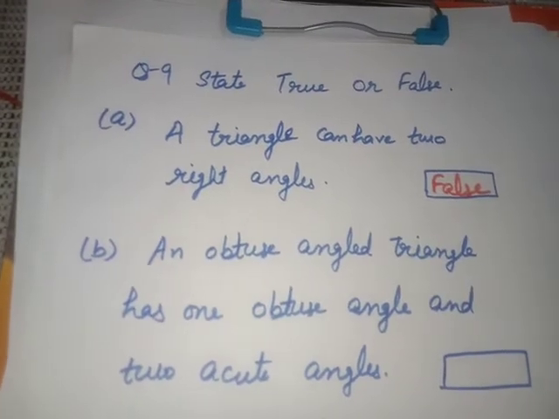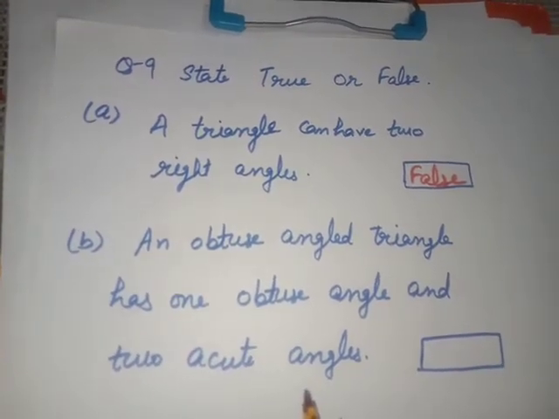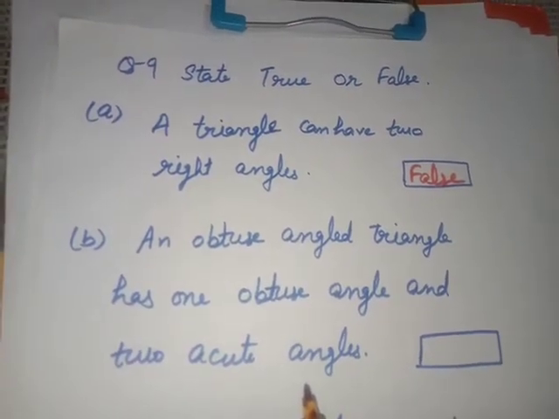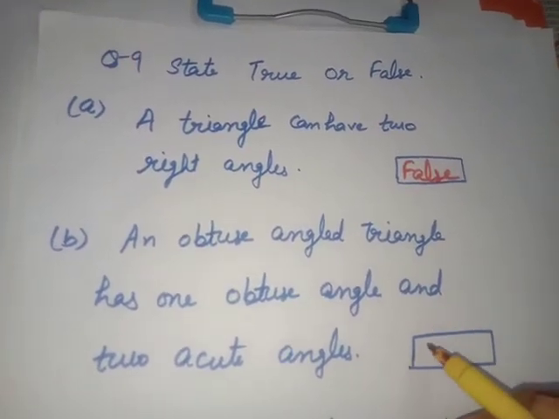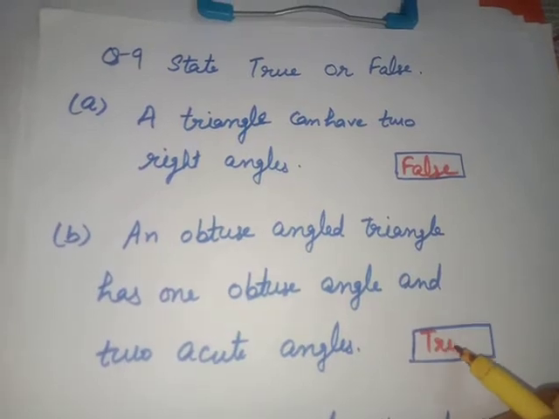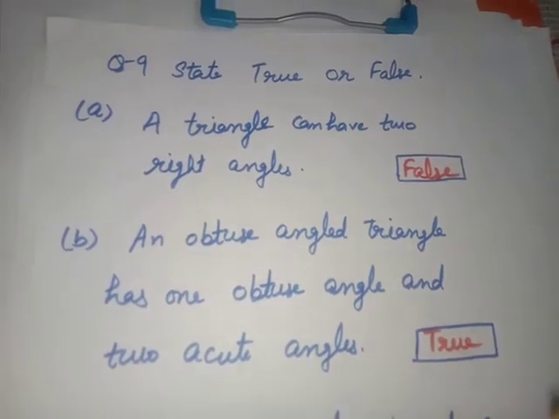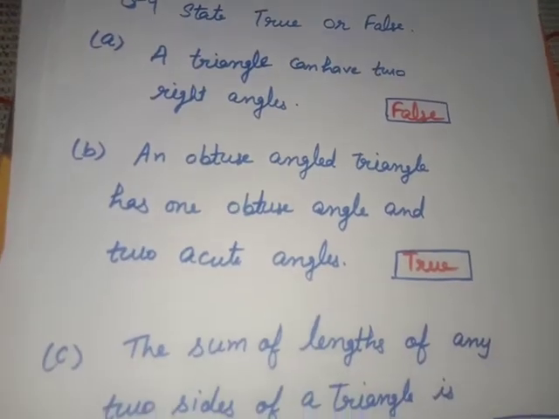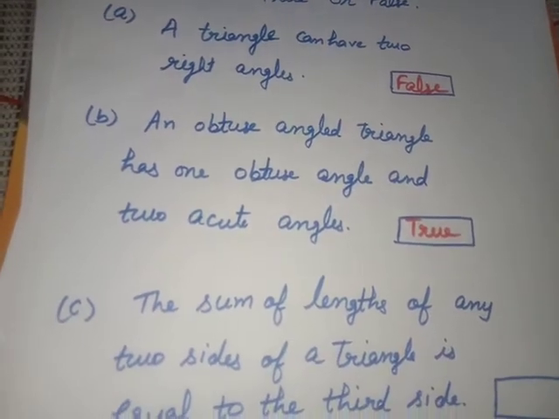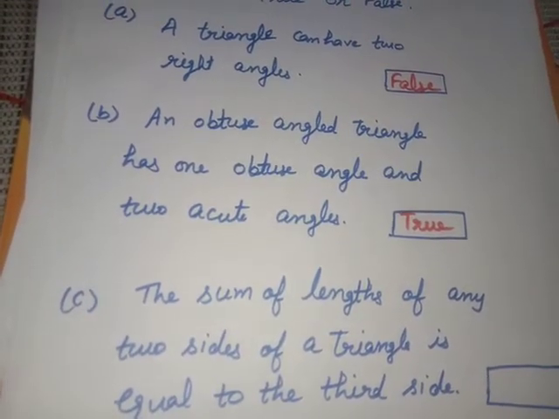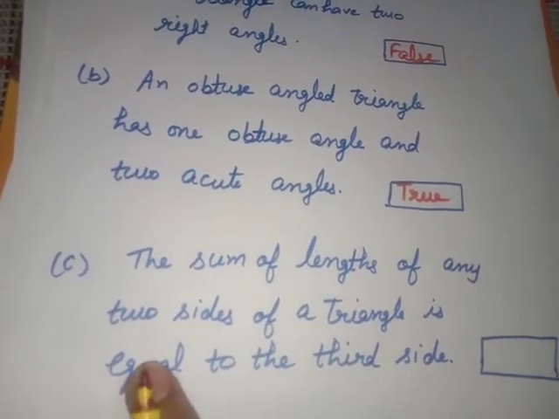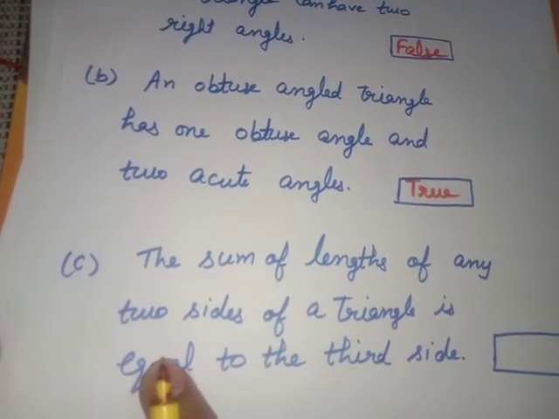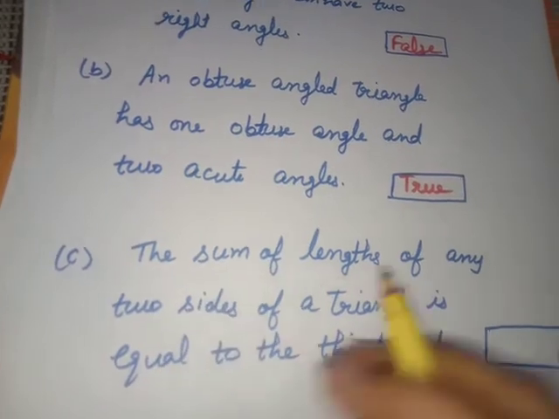Come to next. An obtuse angled triangle has one obtuse angle and two acute angles. Yes, one is greater than 90, so the remaining two will be less than 90. Come to next. The sum of lengths of any two sides of a triangle is equal to the third side. Is it equal? No, the sum of two sides should be greater than the third side.